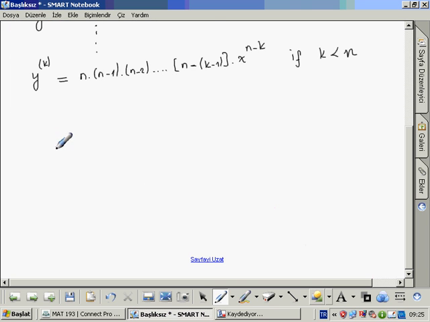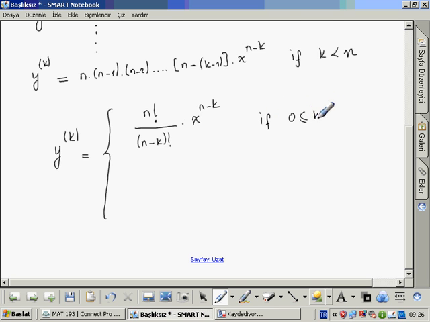The generalized rule will be y to the kth derivative equals n factorial over n minus k factorial times x to the power of n minus k, if 0 is less than or equal to k is less than or equal to n, and 0 if k is larger than n.